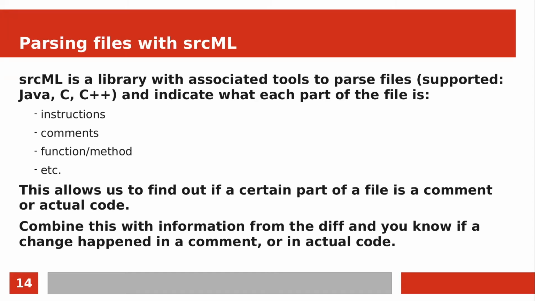Or maybe it's a function name or a method, and so on. This allows me to find out if a certain part of a file is a comment or actual code. Now I can combine this with information from the diff, and then I know what change was made, but also what kind of code was changed. So is the change happening in a comment, or is it happening in actual code?